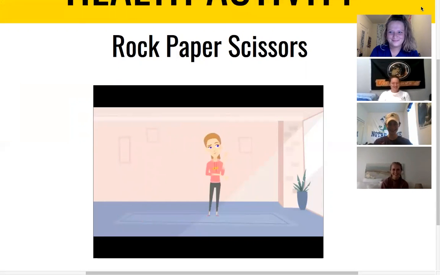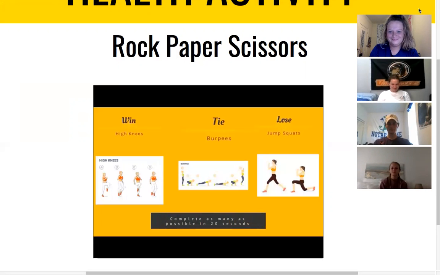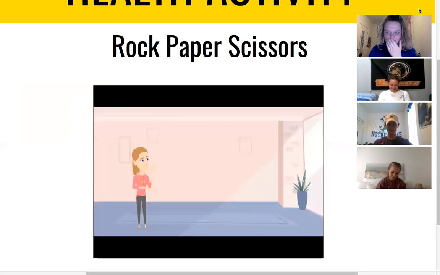Rock, paper, scissors, shoot. I picked scissors. How do you do? Round 3. Rock, paper, scissors, shoot.